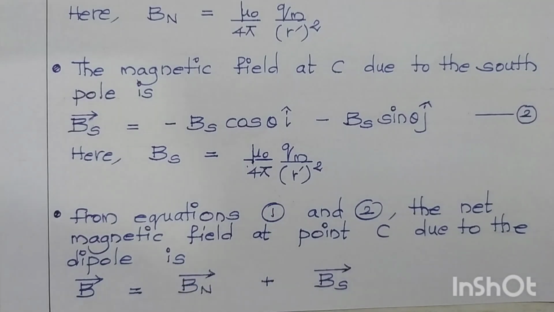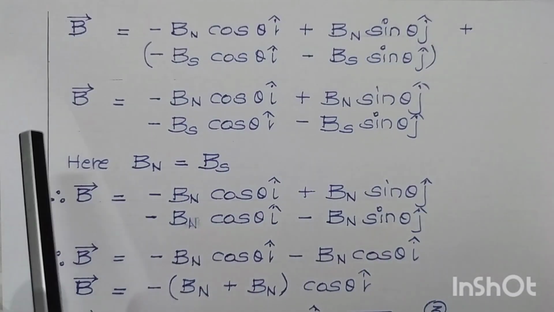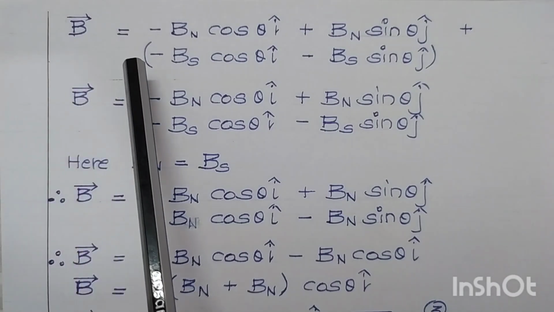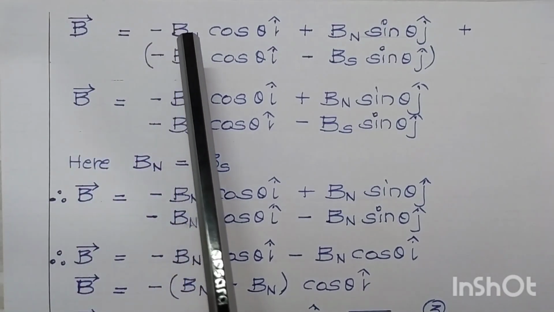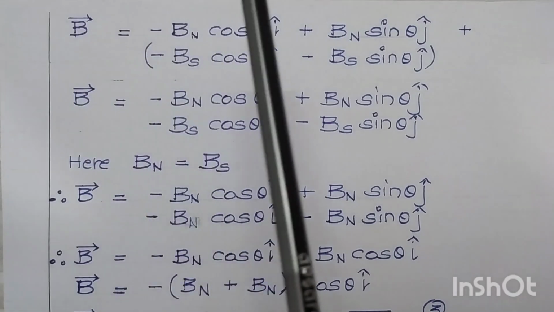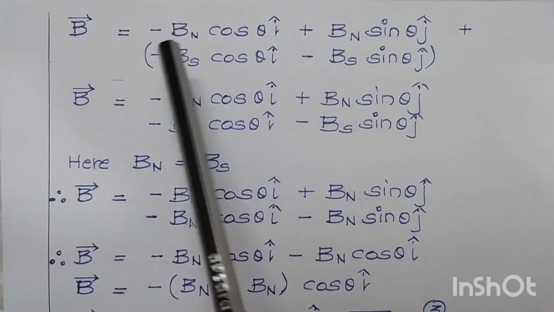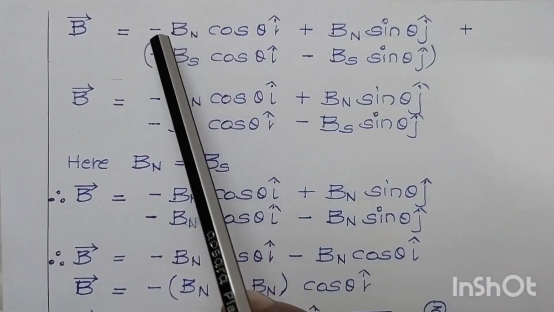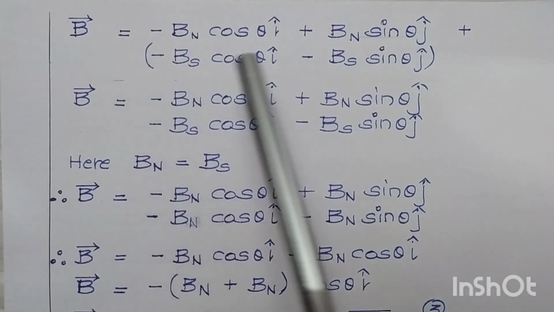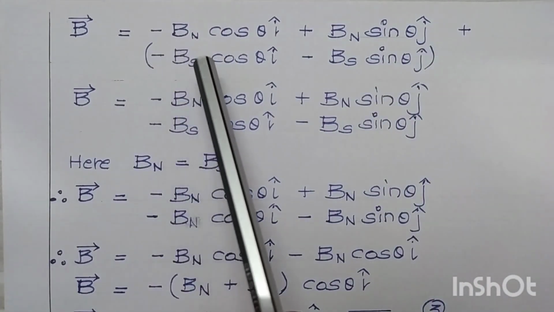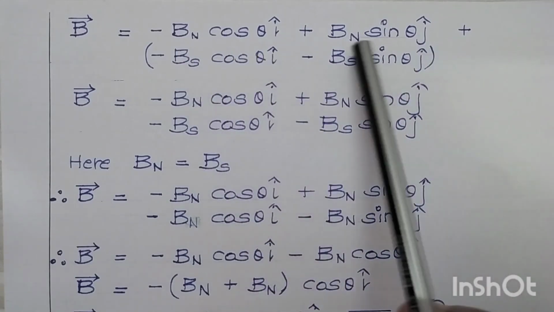So B vector is equal to Bn vector plus Bs vector we can write. The expression for Bn vector is written over here, plus within bracket the expression for Bs vector is also written over here.